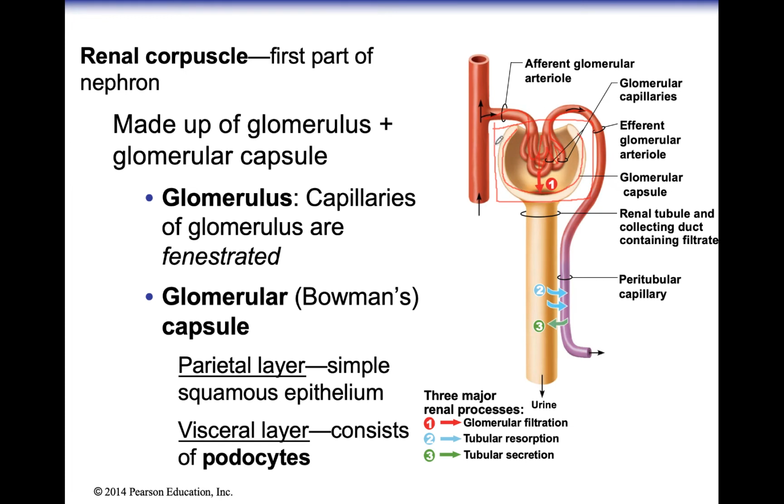The whole structure of glomerulus and capsule is called the renal corpuscle. So the renal corpuscle is this entire structure in the box. It's made up of the glomerulus, which is the capillary bed, and these capillaries are fenestrated. If you recall what this word means, it means it has holes.